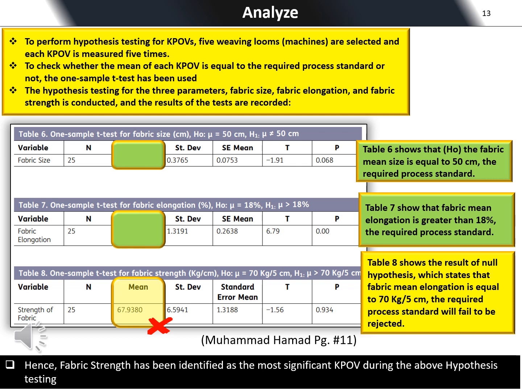Table 8 shows the result of the null hypothesis, which states that fabric mean strength is equal to 70 kgs, 5 centimeters, the required process standard, will fail to be rejected. Hence, fabric strength has been identified as the most significant key process output variable during the above hypothesis testing.